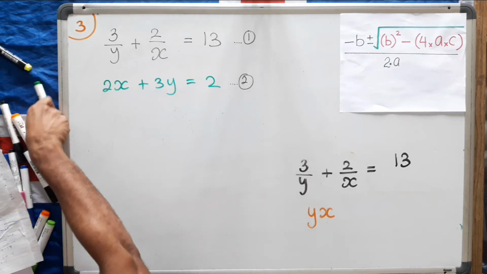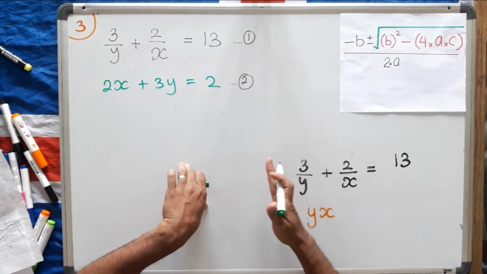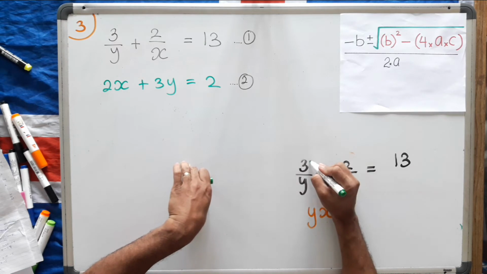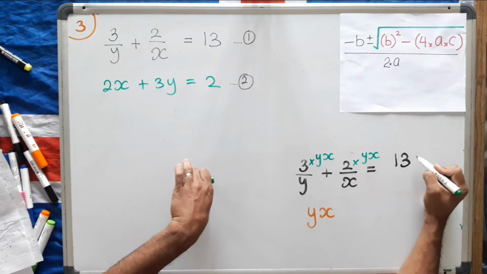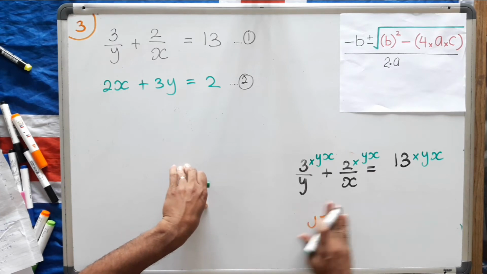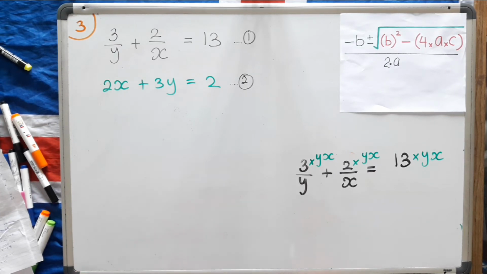So here's what I'm going to do. I am going to visit everybody on this side and multiply the top by yx. Multiply this top by yx, which means I have to multiply the 13 by yx also. Whenever we do this, the denominators automatically change to 1, and anything divided by 1 is itself.